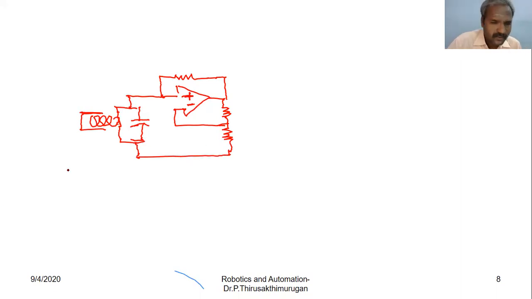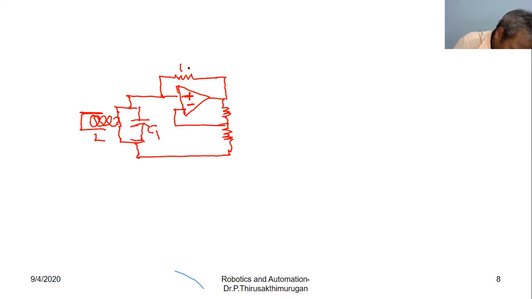Okay, so this is the op-amp. Let us name this the inductive sensor head. Say this is L, inductor L. Say this is C1, capacitor C1.